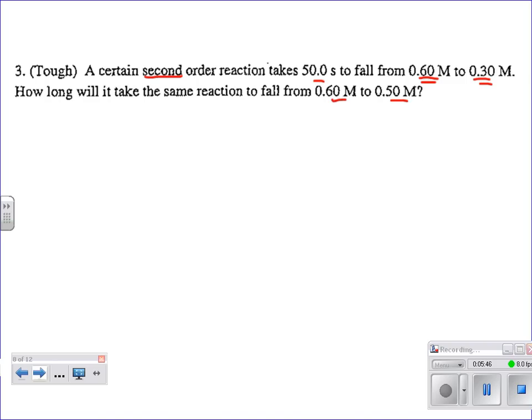Okay, so first situation. I'm going to start by using my half-life equation, which I know for a second order reaction is 1 over k times the original concentration. So if I change this around, I'm going to end up getting k equals 1 over t 1/2 times A naught.